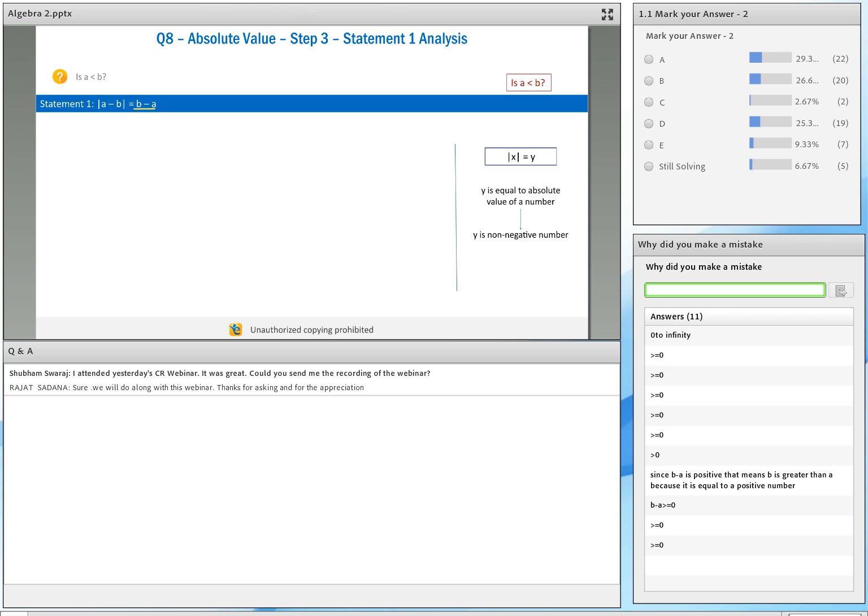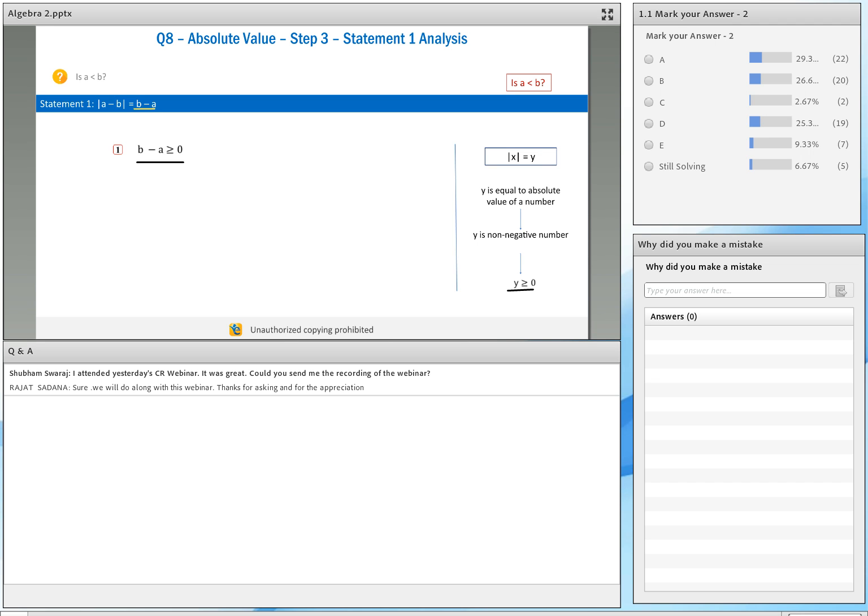In other words, y is a non-negative number, or y is greater than or equal to 0, as you guys have already said. So because absolute value of A minus B is equal to B minus A, we can say that B minus A is greater than or equal to 0.